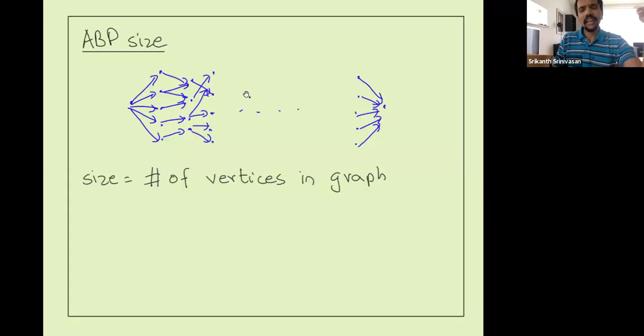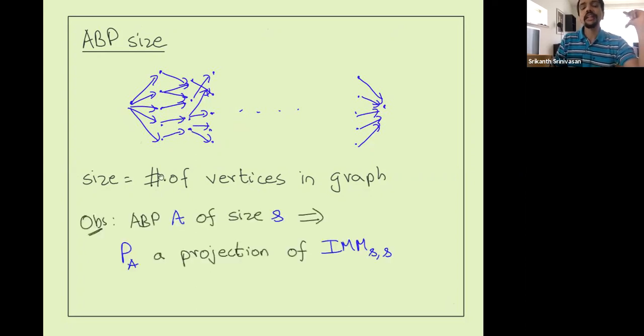Okay. Just a small observation here: let's say you have an algebraic branching program of size S. That means there are at most S vertices in each of these layers. So you can imagine the structure as coming from a projection of IMM where you have S vertices in each layer.